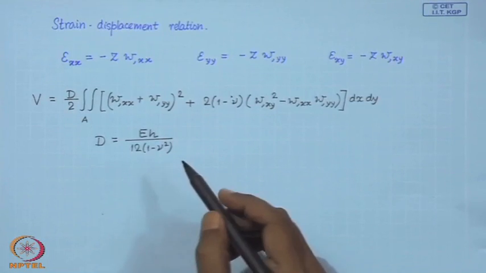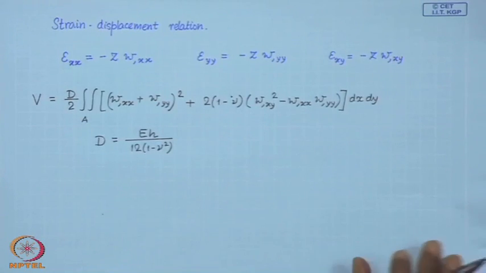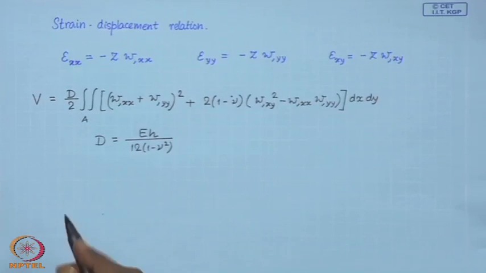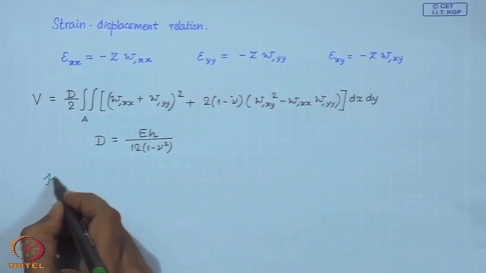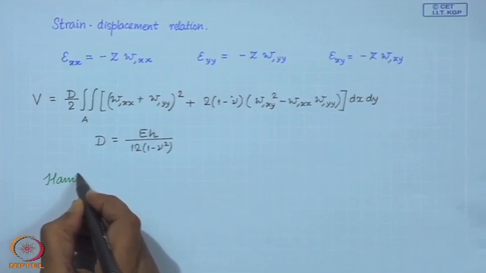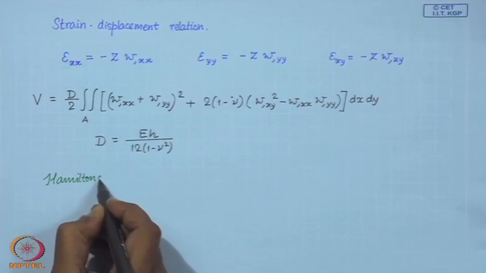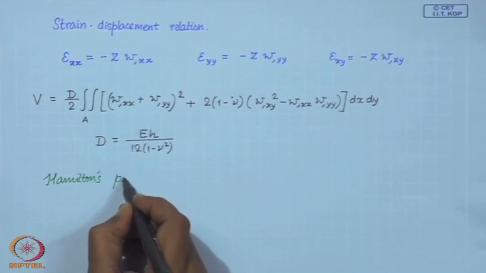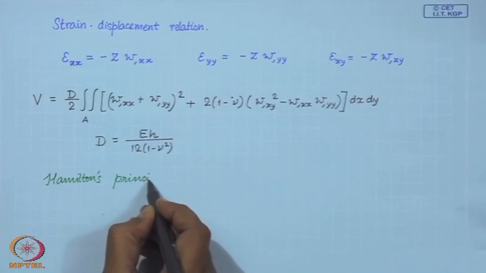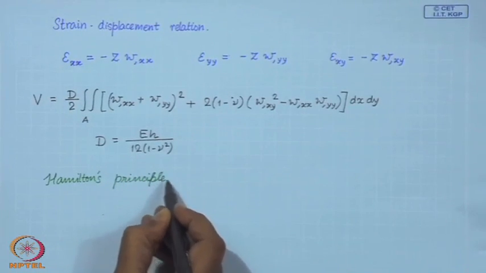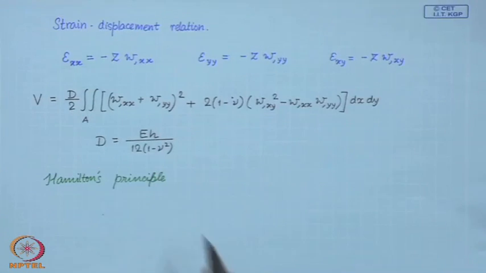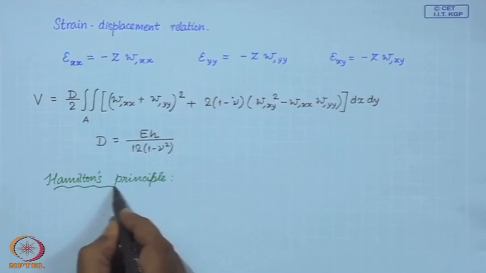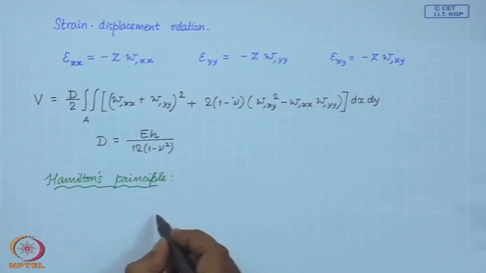Now, with the obtained expressions of kinetic and potential energy, we can use the Hamilton's principle to derive the equation of motion.